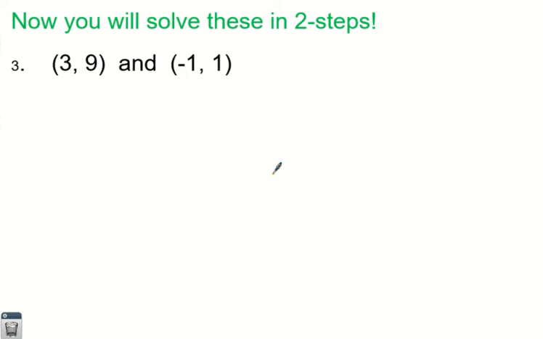So they gave us 2 points, which, what do we do with that? I mean, if we're going to use this formula to make an equation, we need a point and we need m. So what are we going to do?